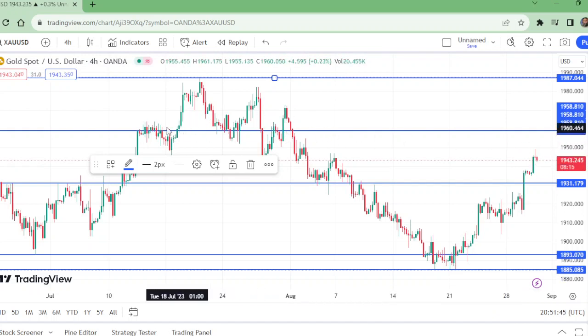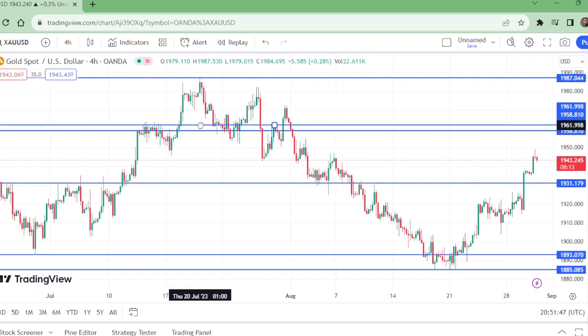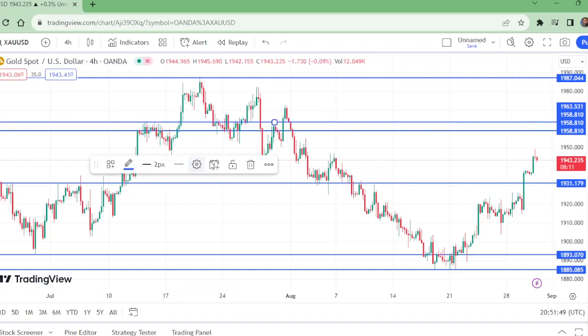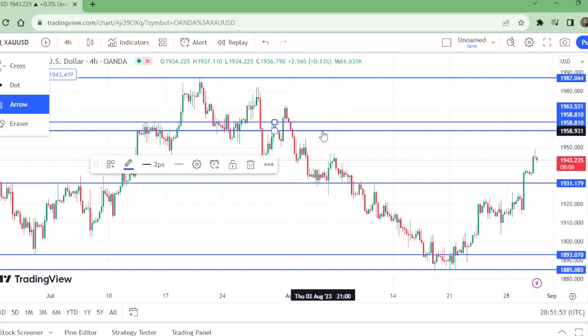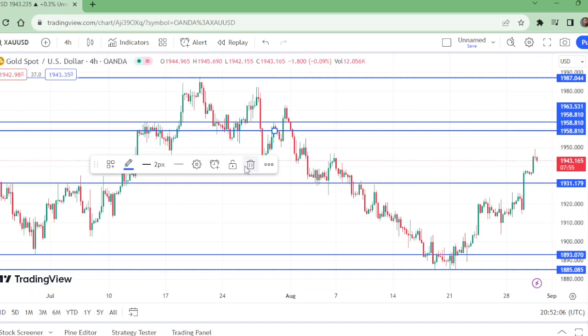Now we can adjust this up to even this level. If you want to, you can put a sell from 1958. So this is one from 1958 to 1963.